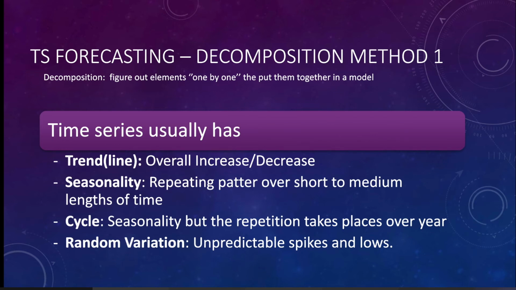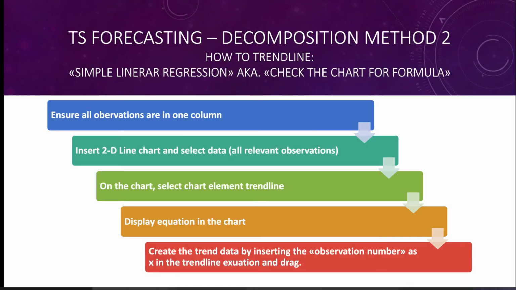So anything that doesn't really have a repetition. So for the decomposition method, we only look at the trend line and the seasonality. Cycles are only seen in large quantities of data, and random variations are just spikes that you will recognize.